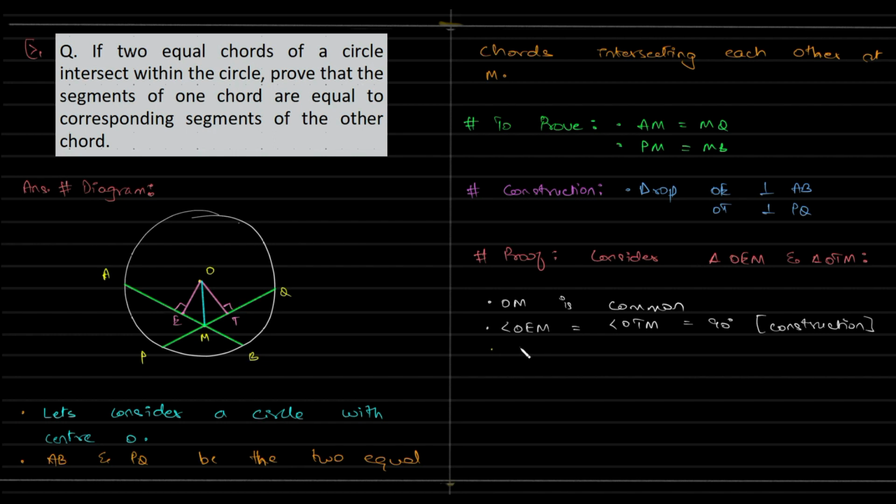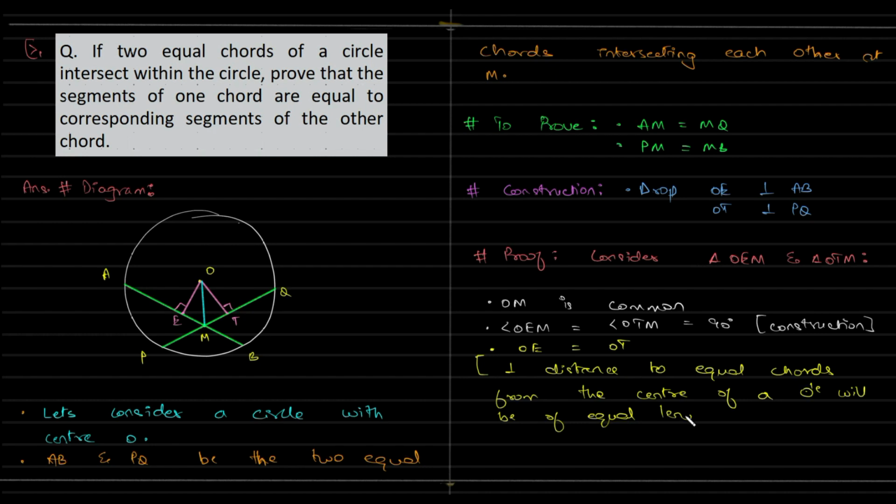Now I'm going to tell OE is equal to OT. Why is that? Perpendicular distances to equal chords from the center of a circle will be of equal lengths.